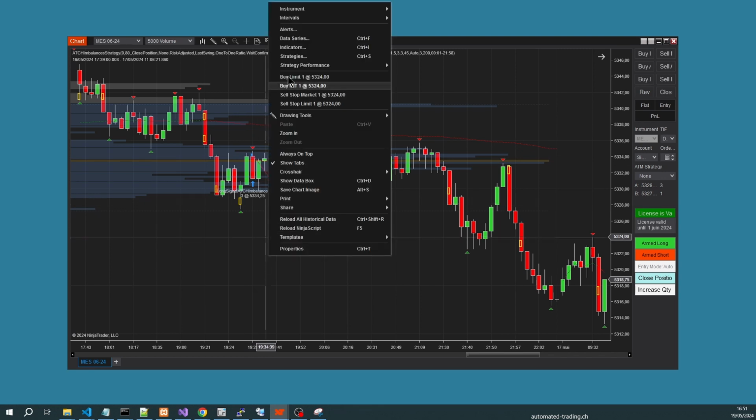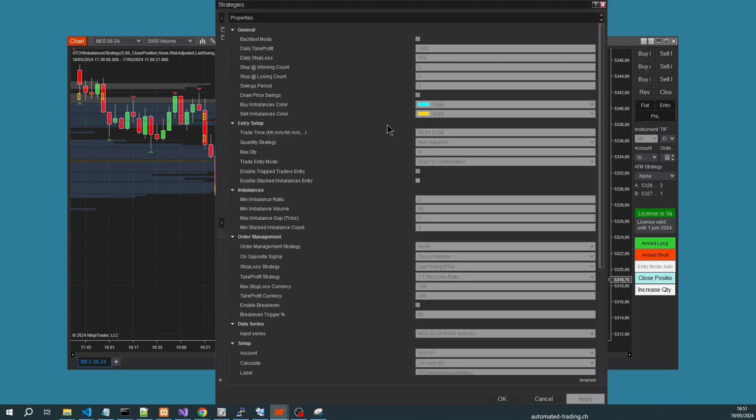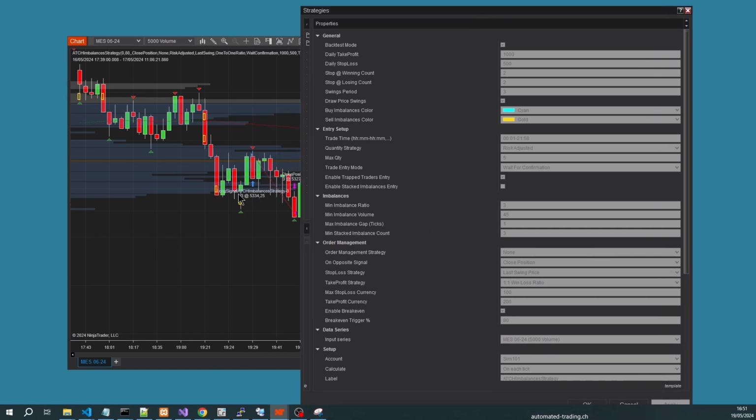If you set the entry mode to wait for confirmation, it will wait for the next candle to close above the candle in question. Or if you select the trade entry mode as immediate, it will immediately open a position at the close of this candle.